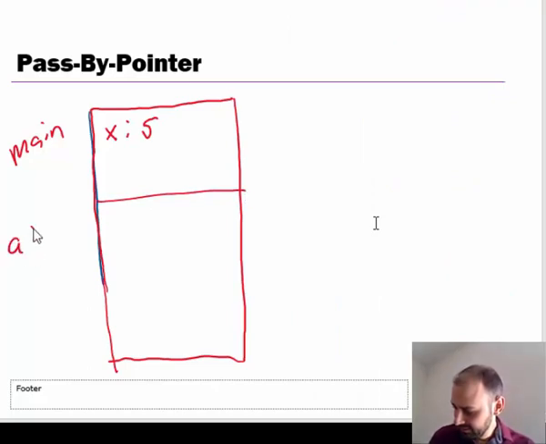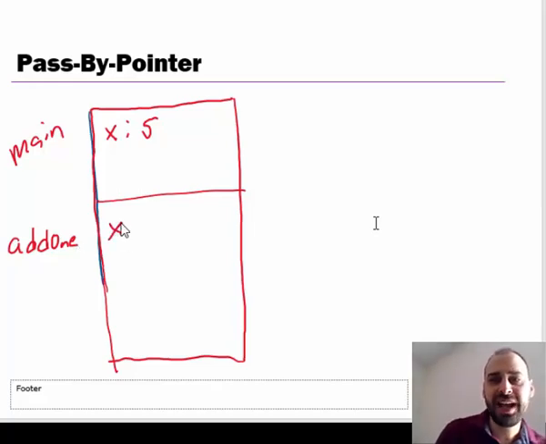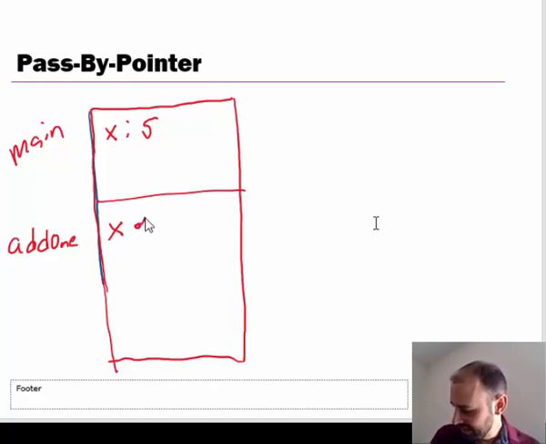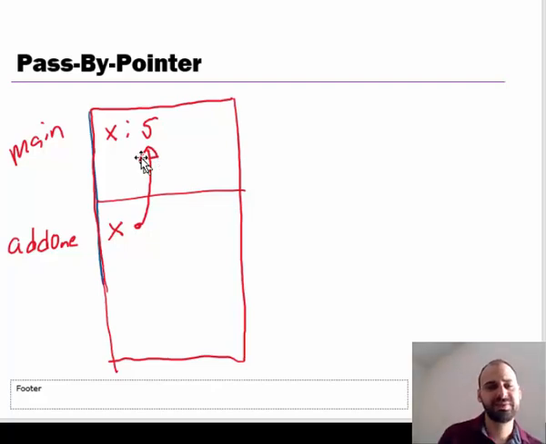Our function add1 has an integer pointer also called x. I did that intentionally to show you that things can be named the same, to show that we're really dealing with different data types here. And this x is a pointer that points to this memory location.